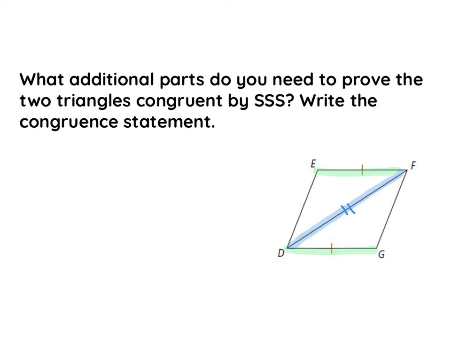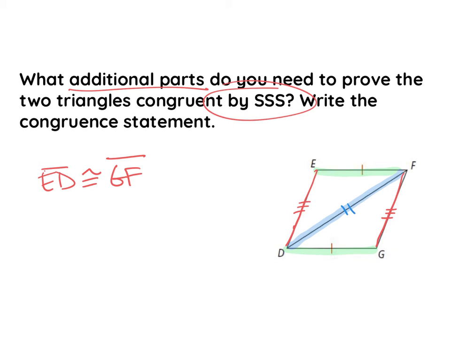So in order for these to be congruent, we would need ED, this third side, and FG, this third side, to match. So that's the additional part. So we could say we would need ED to be congruent to GF. And that would make this congruent by side, side, side.